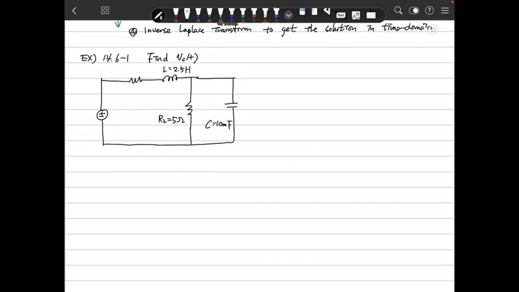Sorry, R1 is 15 ohm, and this is vI, and vI is 10 plus 10u(t). The defined current is iL(t), and this voltage is vC(t). The question is how to get vC in time domain.